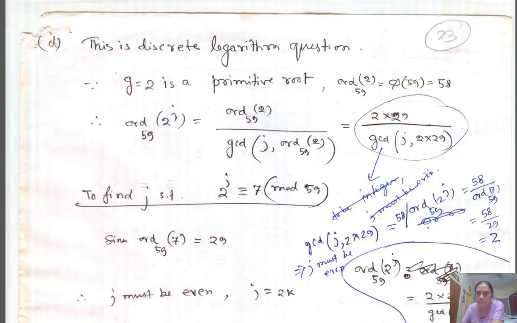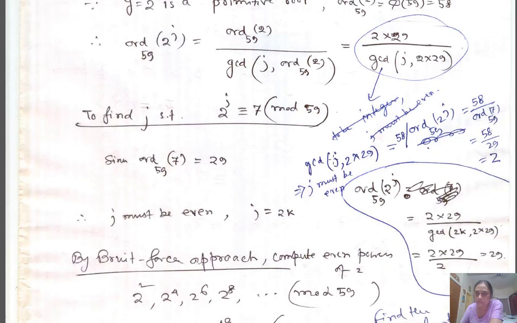So this GCD is equal to 2. This means I can narrow down my search of j. GCD of j comma 2 into 29 equal to 2 means that j must be even.